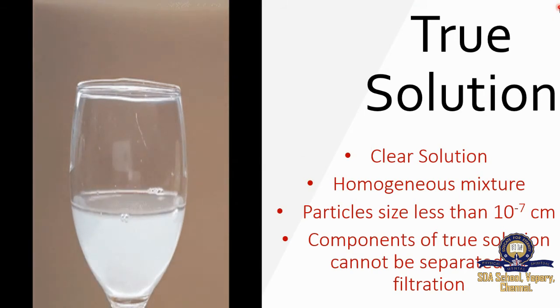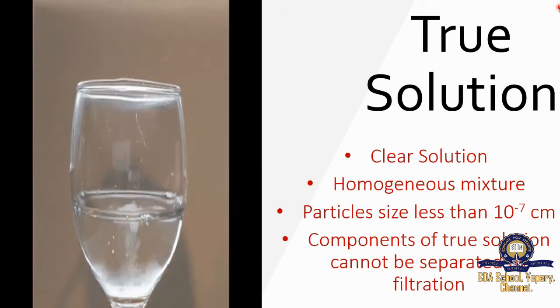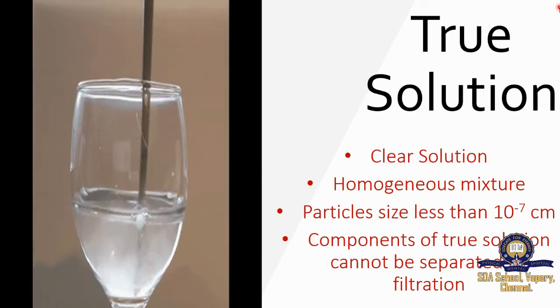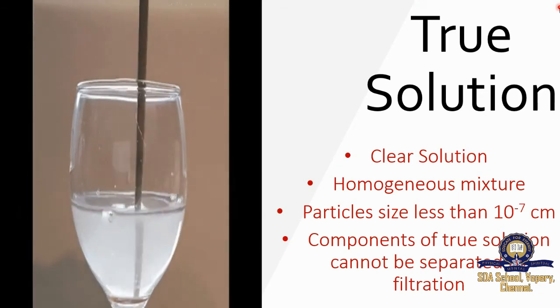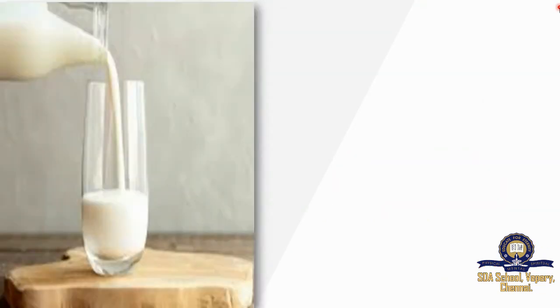So now let's take the second glass. The second glass contains milk, right? As we discussed in previous classes, when we look at it, it has uniform composition throughout, but if you take a little amount of milk and observe it in a microscope, it has varying particles like fats, calcium and so on, right?